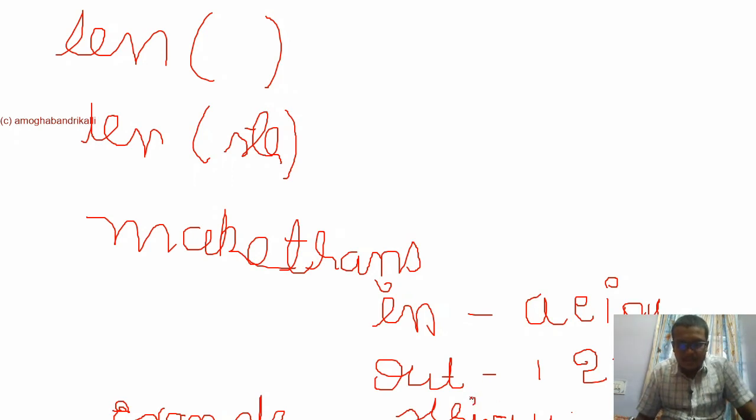So in the place of I, we will be replacing with 3. In the place of E, it should be replaced by 2. In the place of A, 1 is replaced.